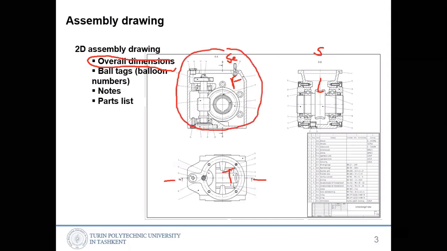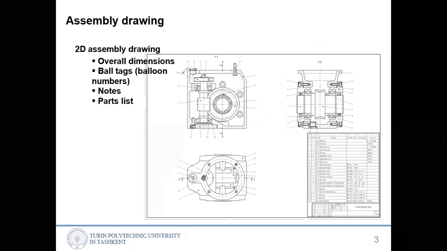So the front view is replaced with section AA, and then BB is made with this plane. So B and B here, and A is here. The left view is replaced with the BB section view.